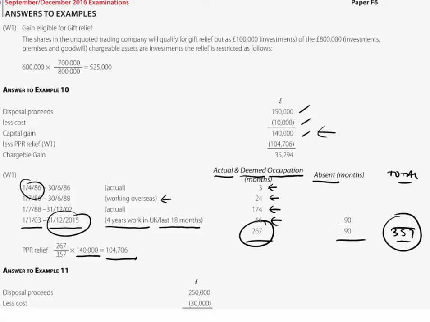That will give us the PPR relief, and that is here £104,706, giving rise, it would appear, to that balance as the remaining chargeable gain. Now, have a little look through, have a little think about that, make sure that you are happy with it, so pause at this point before we then move on to deal with the final remaining issues here on the PPR relief.